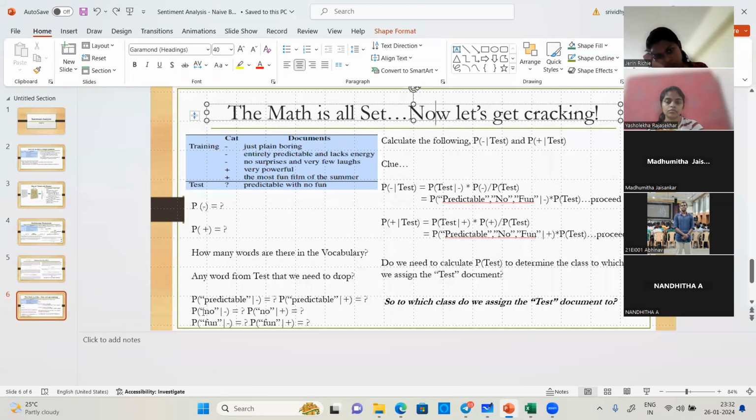Let's do this so that we get the idea wired into our brains. Let's do probability of no given negative, without Laplace smoothing first.